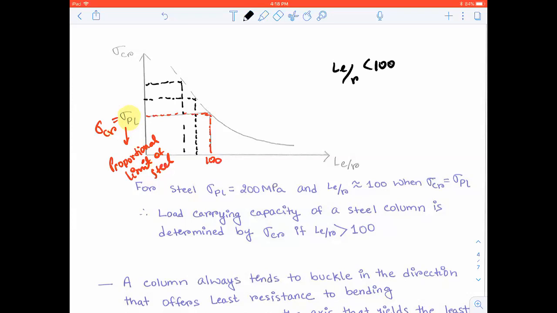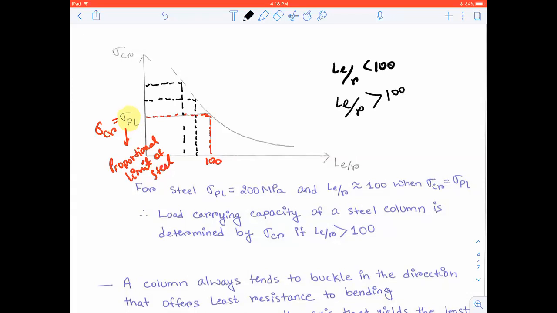But once your slenderness ratio becomes greater than 100, the critical stress that you see is less than the proportional limit or yielding.